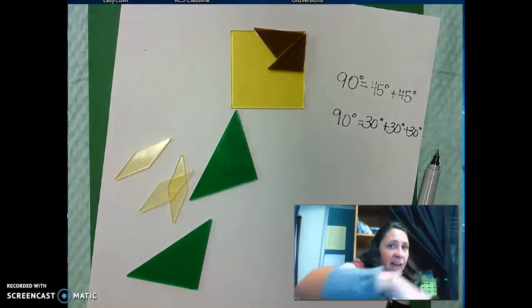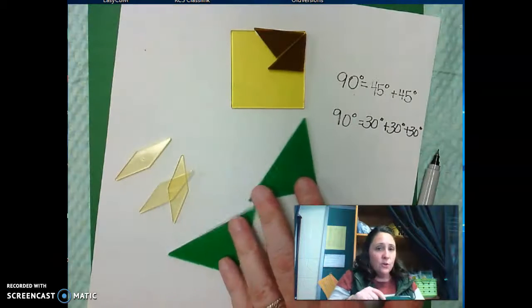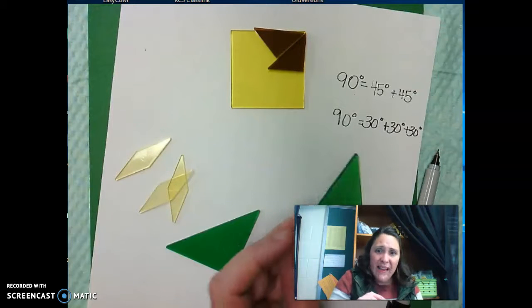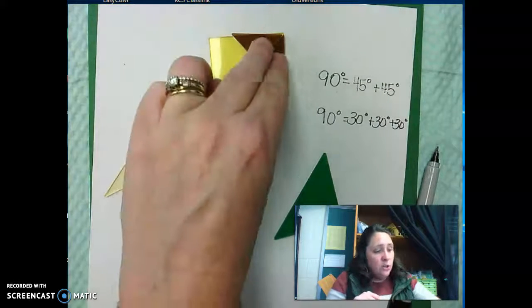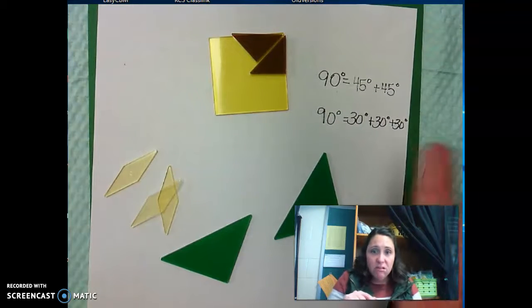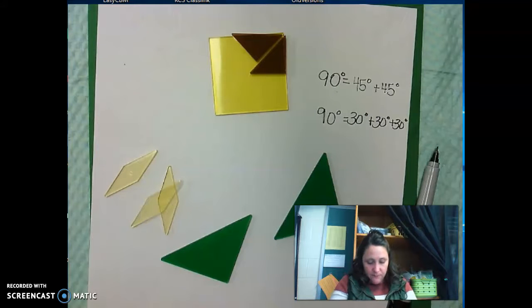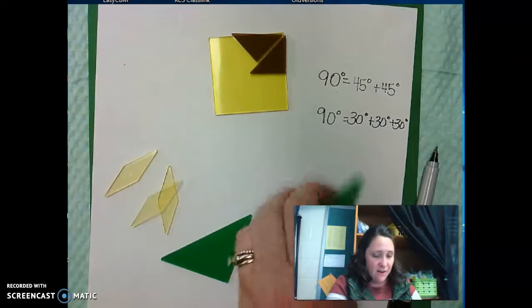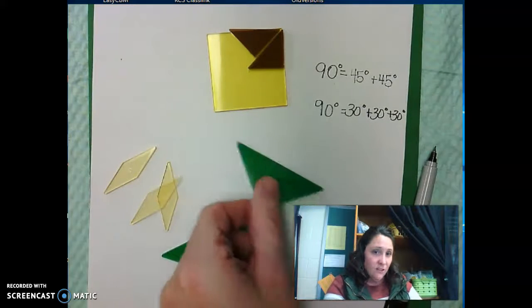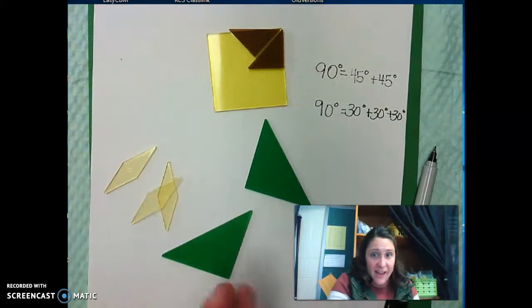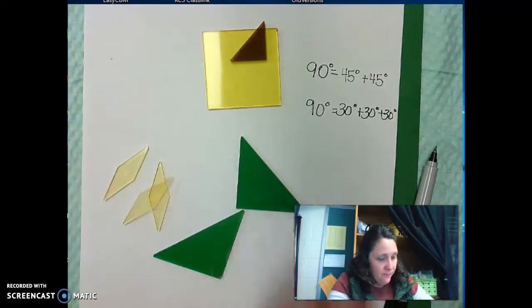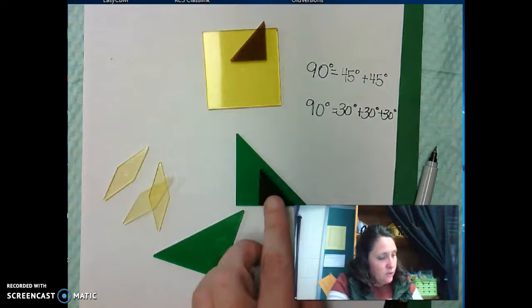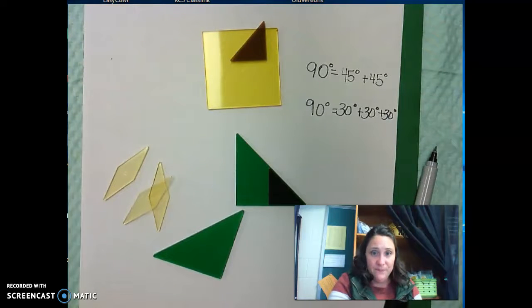And we just noticed that we were able to use two of our E's as well to give us 90 degrees. And we know that when we're using two of the same size and the same shape, it must be 45 degrees. Okay? But E and F look completely different. They're the same shape. They're triangles. But look at how much bigger E is in comparison to F.